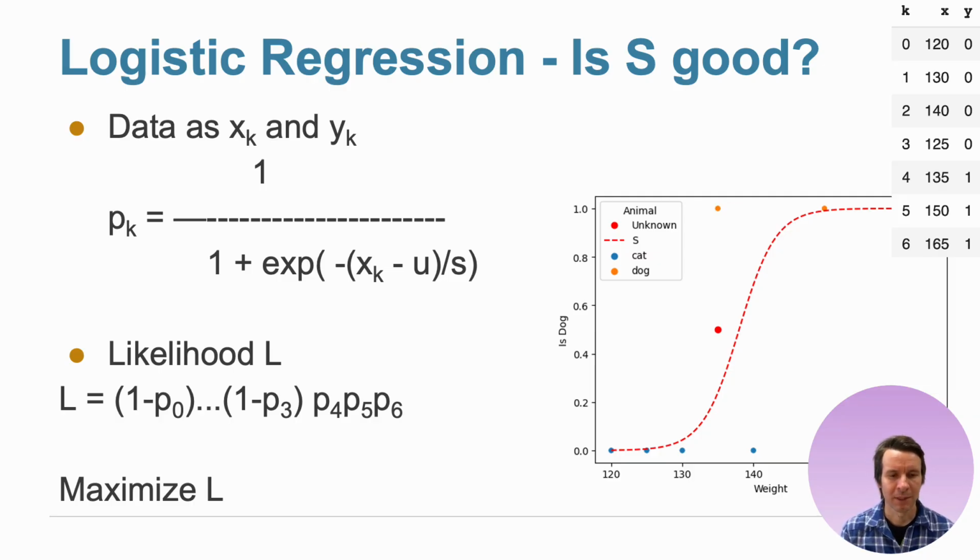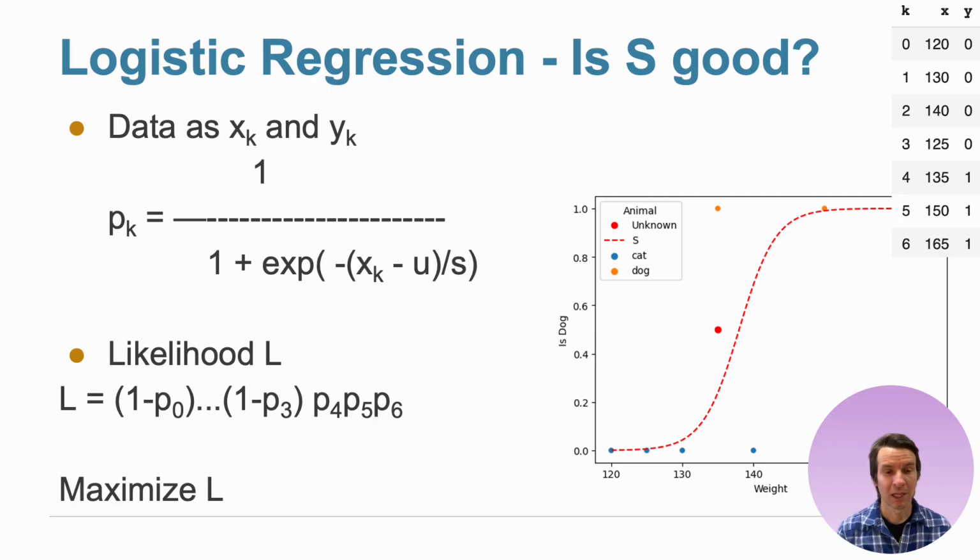So here is 1 minus p0 times 1 minus p3. So in each instance, if the classification was good, then the number is high, right? Either p4 is high if the classification as dog was correct, or if I classified correctly, then I get, let's say, p0 close to 0, and 1 minus close to 0 is close to 1, right?